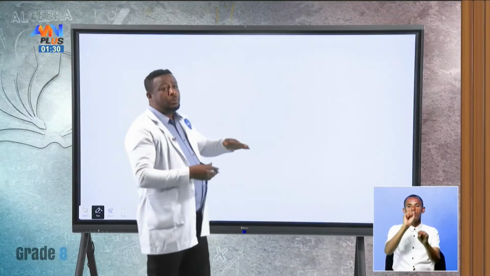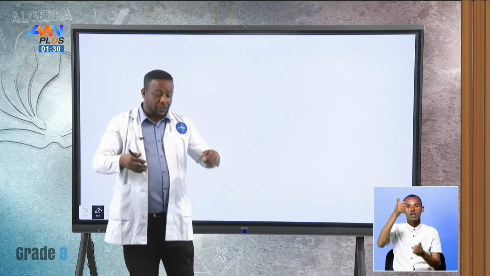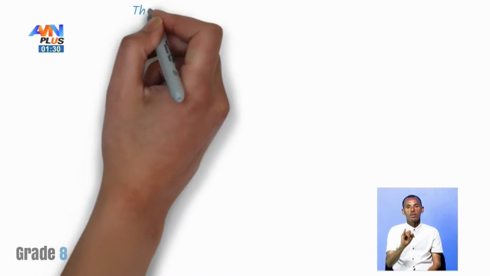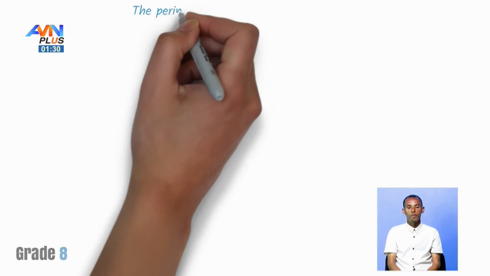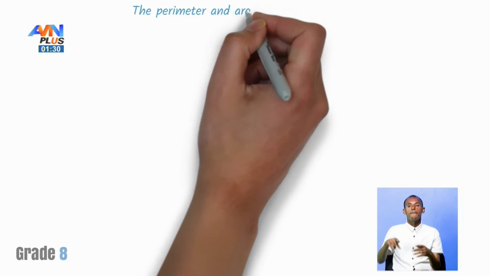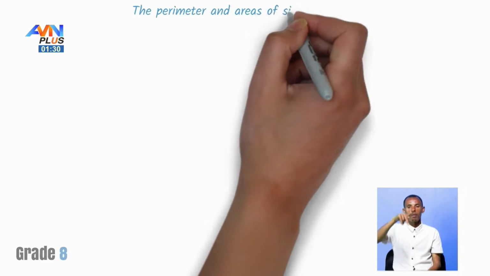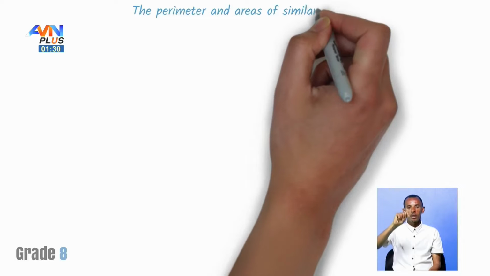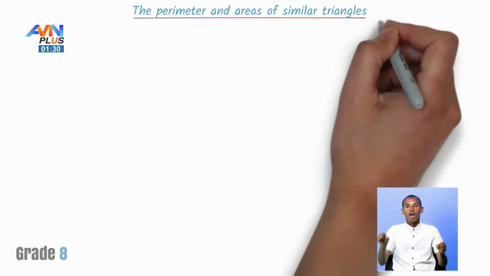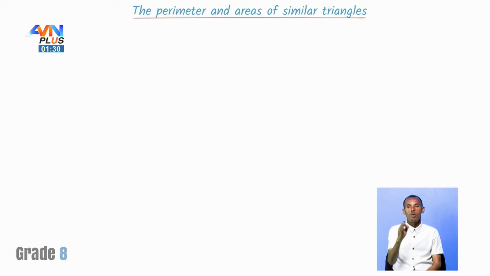So let's proceed to the other point of discussion for today. That point is the perimeters and areas of similar triangles.